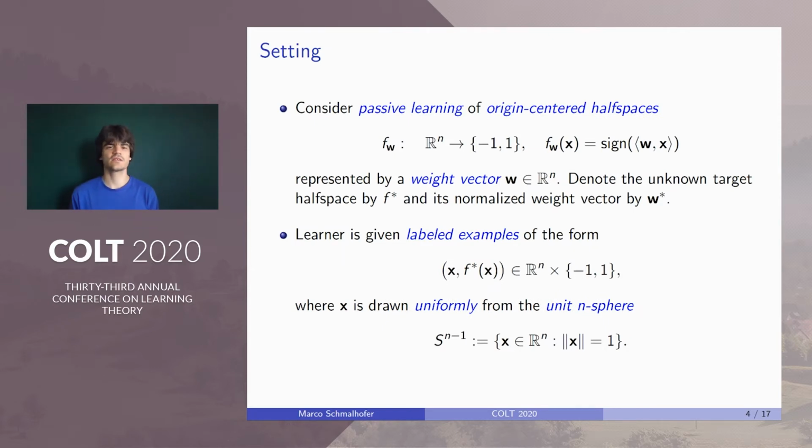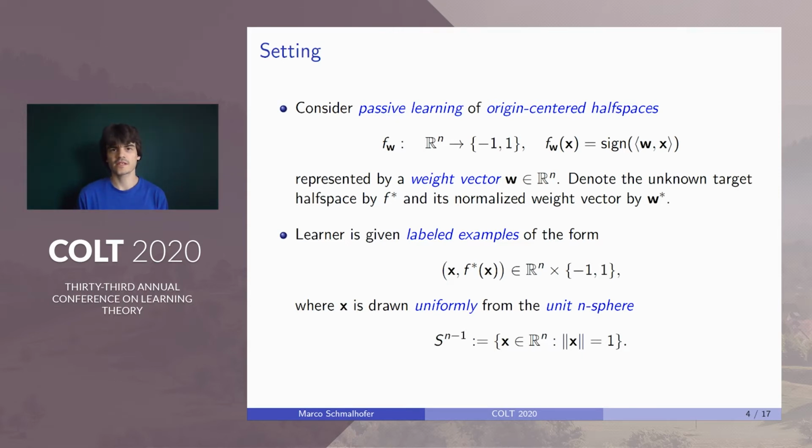So the setting is the simple PAC setting, which was considered often in literature. We consider passive learning of origin-centered half spaces, which are represented by some weight vector W. For simplicity, we always denote the target half space by f star and its normalized weight vector by w star.